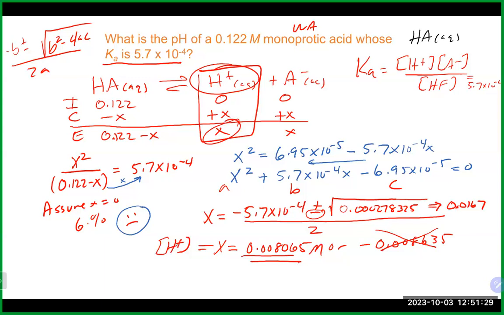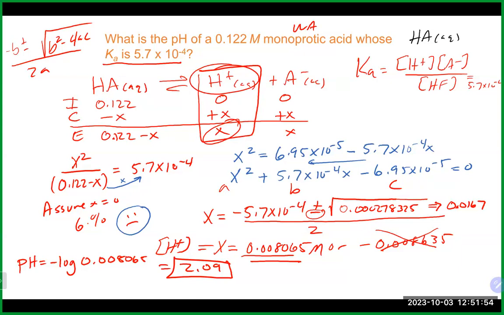That means we're ready to go into our pH. So our pH here will be negative of the log of our H plus, 0.008065. That's going to give us a pH of about 2.09, I think. Any questions on any of those steps?